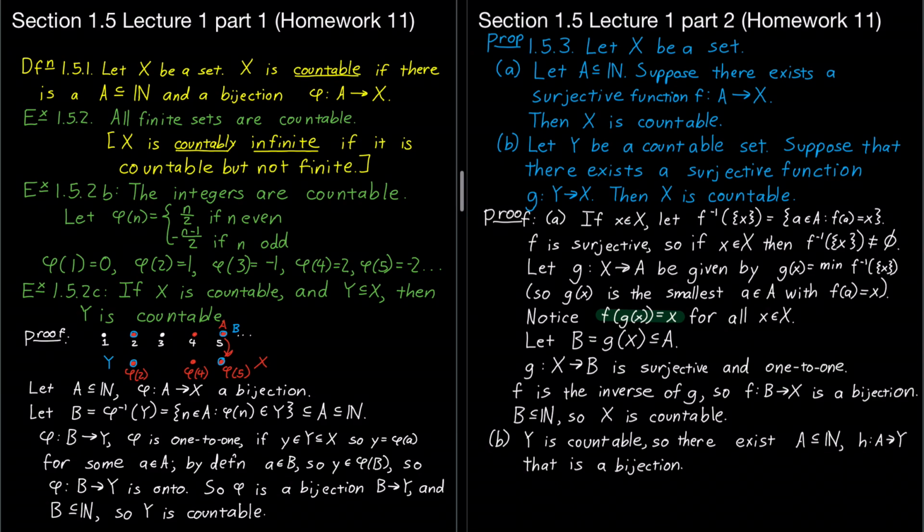Then we just let f equal g composed with h, so that f of n is g of h of n. Then h goes from A to Y, g goes from Y to X, so f goes from A to X.